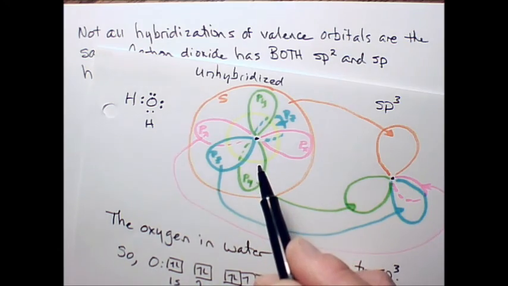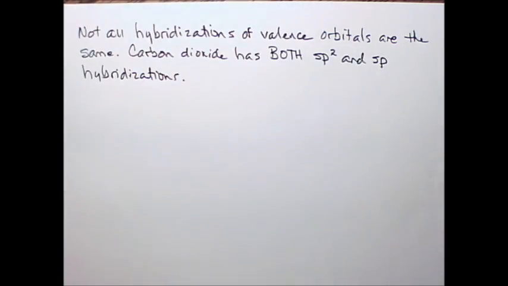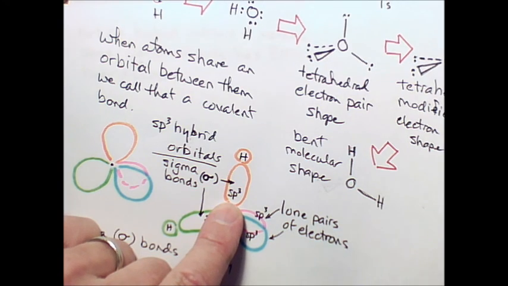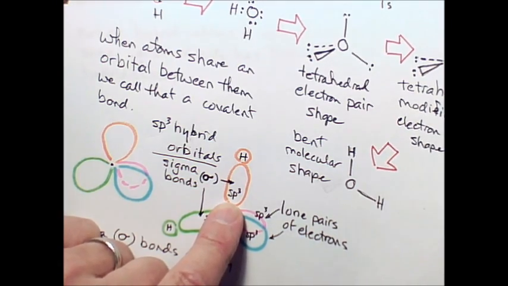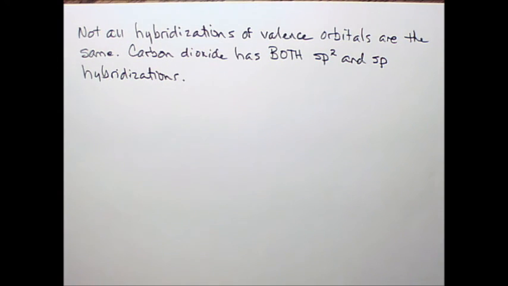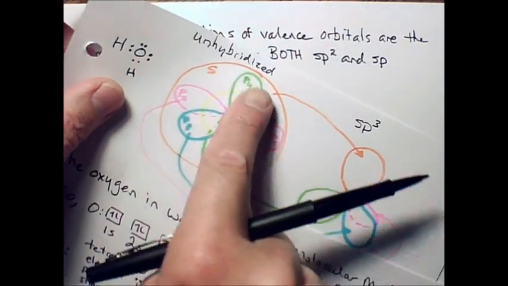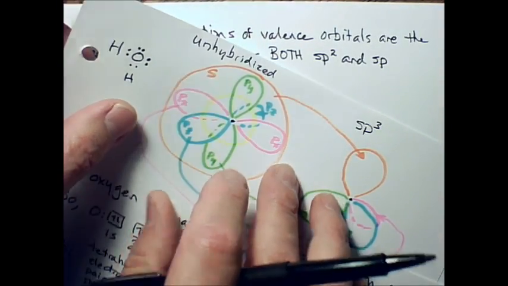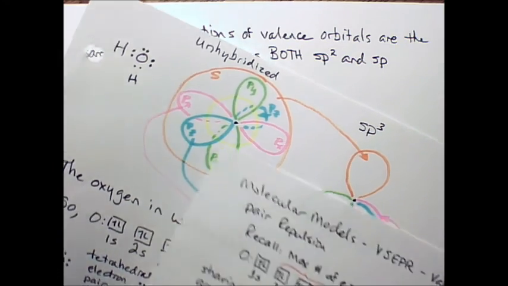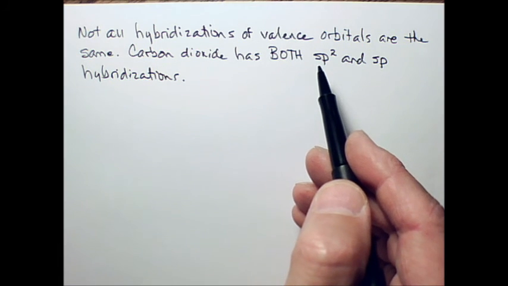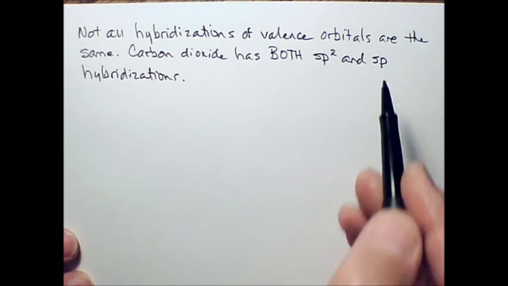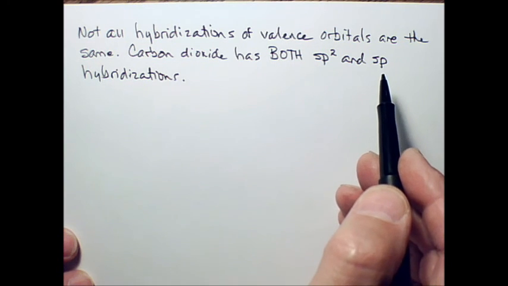If you hybridize one s and 3 p's, you get a set of sp3 hybrids. See where the name comes from? Really complex, right? One s and 3 p's makes an sp3. One s orbital and 3 p orbitals being hybridized into the same kind of orbital, sp3s. Okay? So sp2s means that we're hybridizing one s and 2 p's, and sp means we're hybridizing one s and one p orbital.